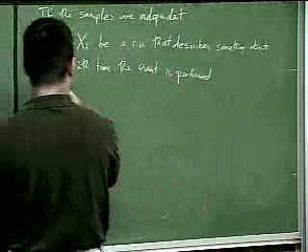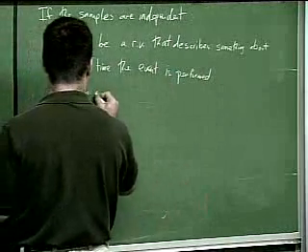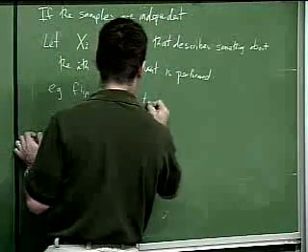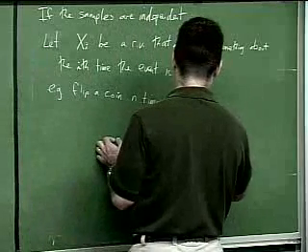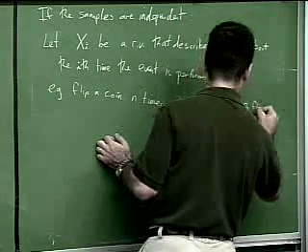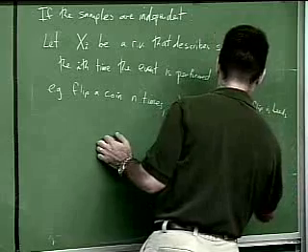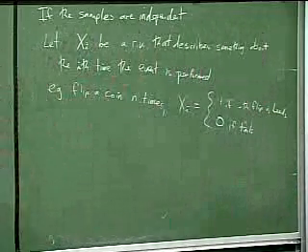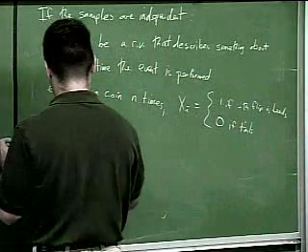Okay, so for instance, flip a coin n times, x sub i can equal 1 if I flip heads, 0 if tails. Okay. Then the samples are independent.